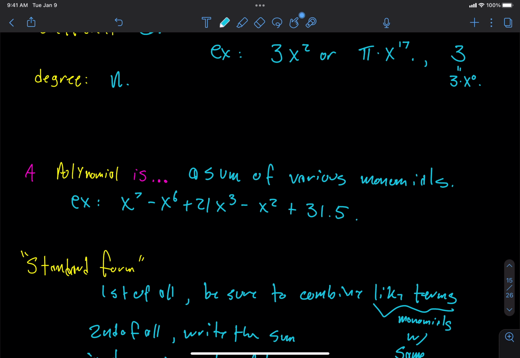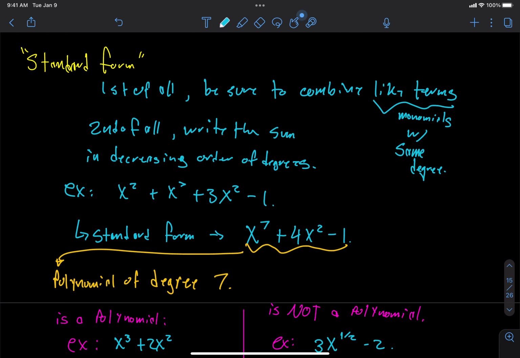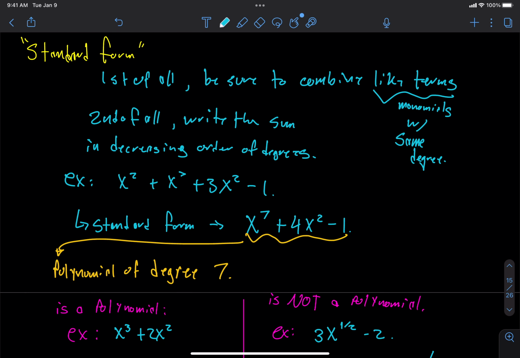Then we learned about standard form of polynomials, where we combine all the like terms, and then we list each term in decreasing order of degree. So we don't want to put x squared before x to the 7th. We want to put x to the 7th before x squared. So that was standard form.